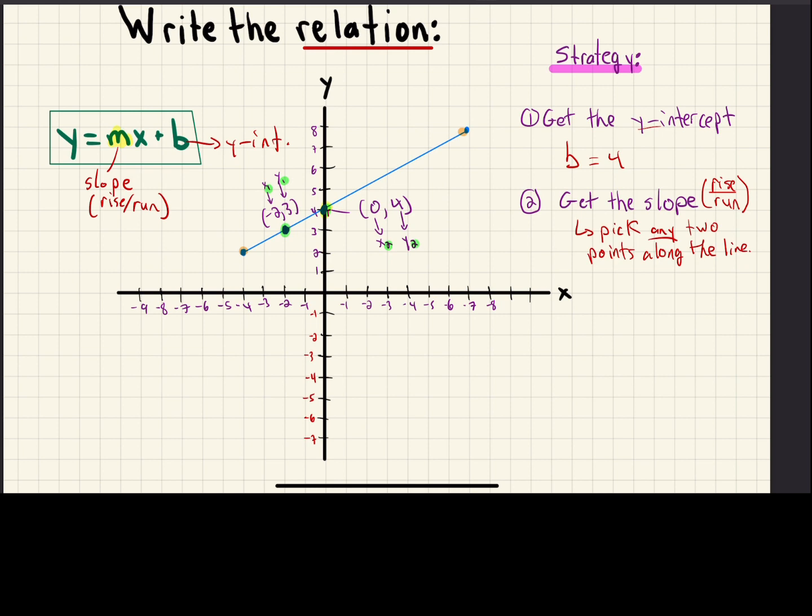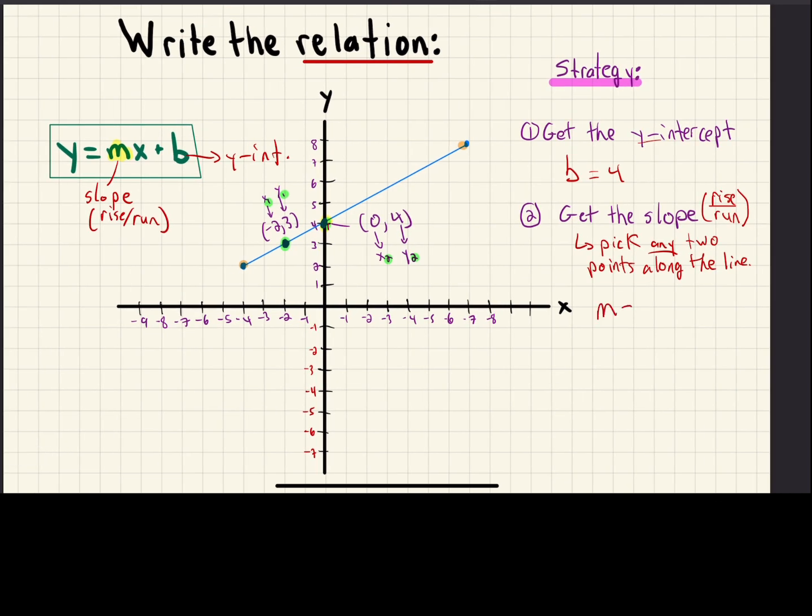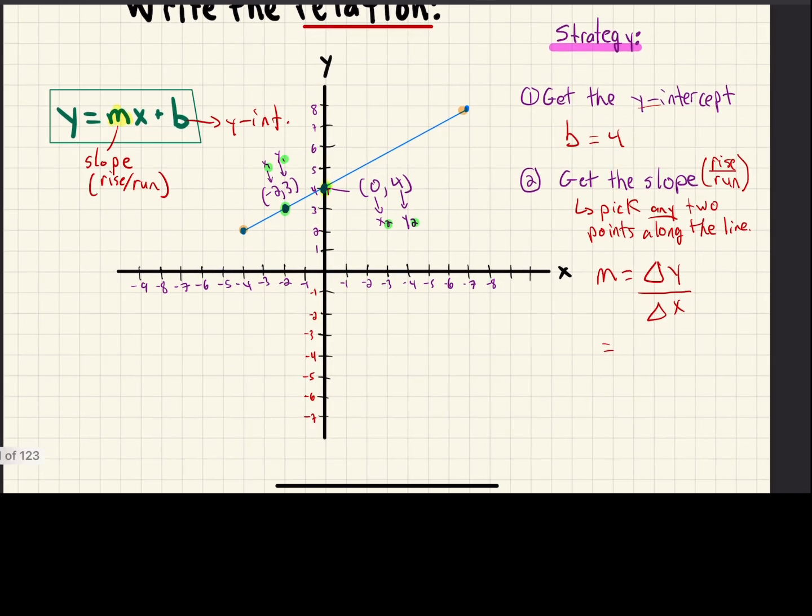And so in order to calculate the slope, we could write that m is equal to your change in y over your change in x, which can be expanded into y2 minus y1 over x2 minus x1. Some people say it's the final y minus the initial y, or the final x minus the initial x. However way you want to phrase it, that's totally fine.